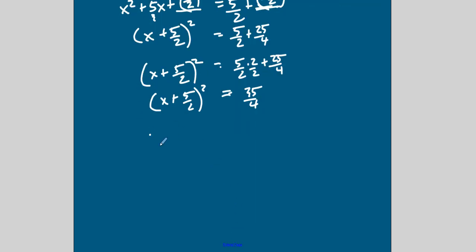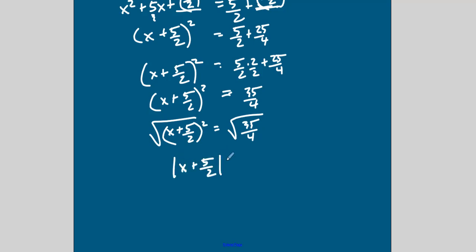So now take the square root of both sides. Okay, so removing the square root of the square, I get absolute value of x plus 5 halves equals square root of 35 over 4.